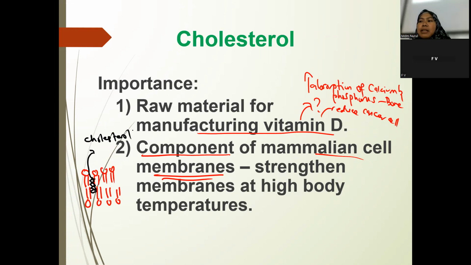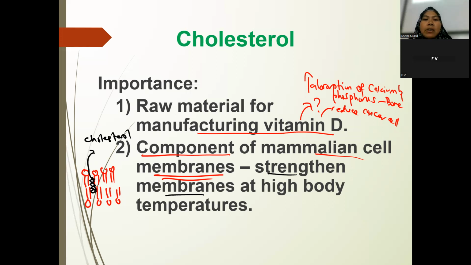Okay. Oh, lambat sikit. Alright. So you can see the 4 fused ring. So the 4 fused ring in between of the phospholipid bilayer is the cholesterol, which helps to strengthen the plasma membrane at high body temperature. Okay. Right. Okay, dia lambat sikit.